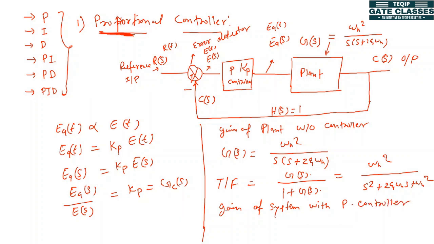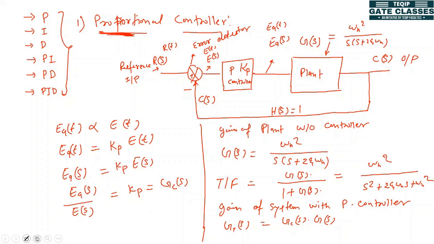Let us suppose the total gain is GT(s). The total gain becomes the gain of your controller multiplied by G(s). That will be your gain.